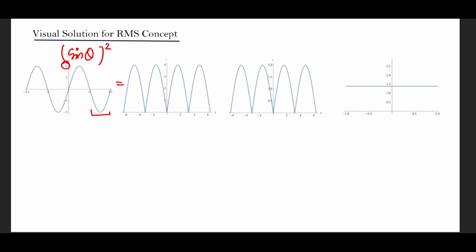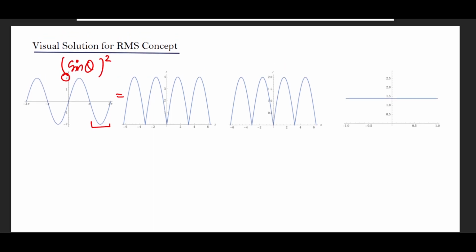So what we do first is take the square of the function. When we say root mean square, that deals with the square part of the function, because this is the first step that we followed. We take the square so that the whole function becomes positive. Notice that even this negative 2 squared will become positive 4, which is what I see over here. So this is the positive peak, and this is the negative peak's square.